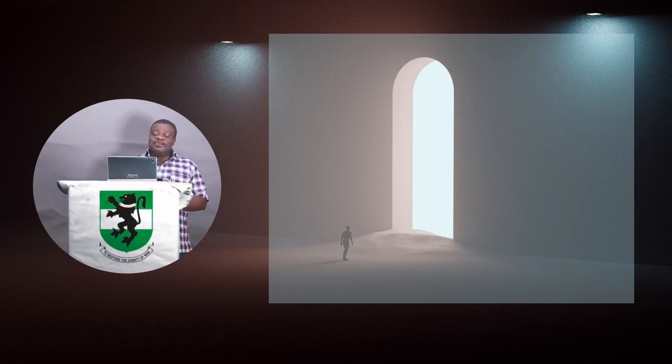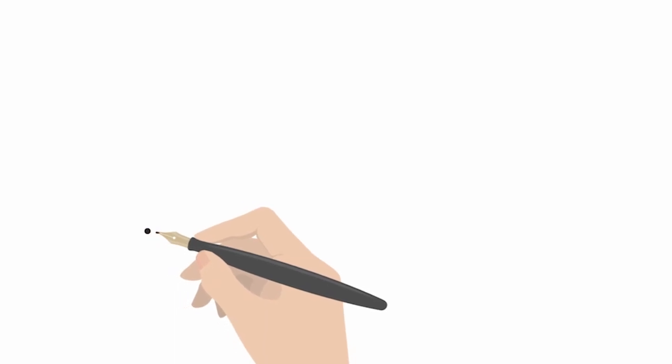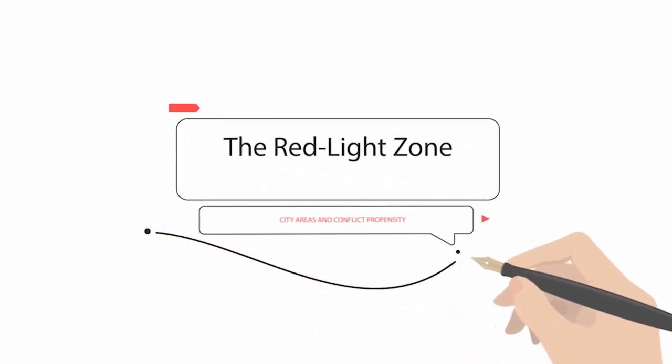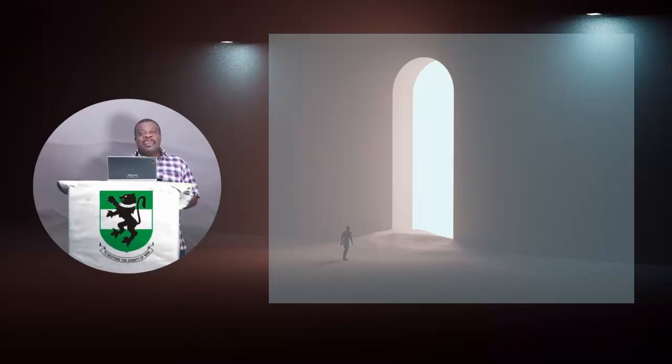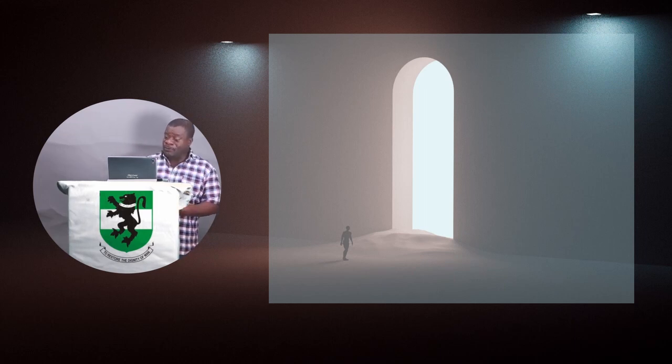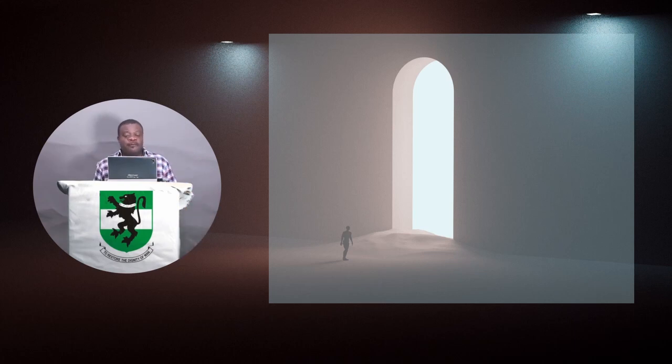Then finally, we have what is called the red light zone. Most urban cities in the world have their own red light zones. Red light zones are like the centers of attraction in terms of entertainment. They are usually known for high crime rate, of course, and prostitution. These red light zones are usually active and boisterous in the night and wee hours of the morning.